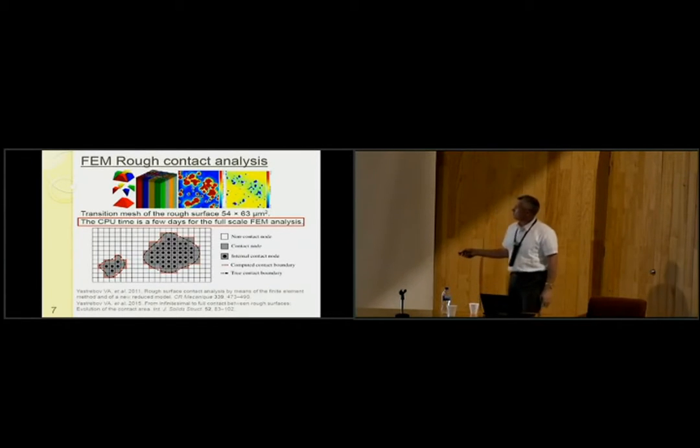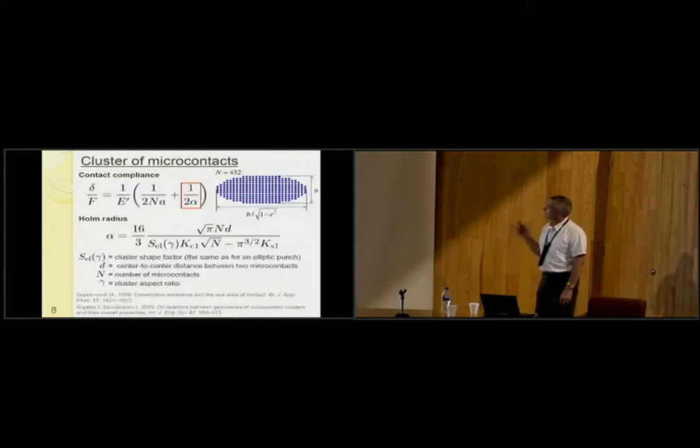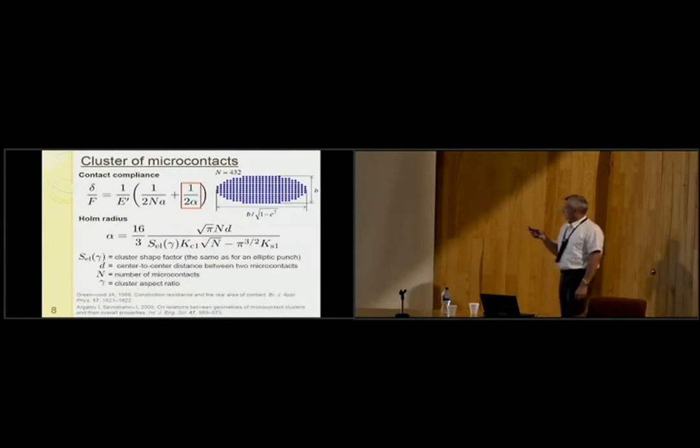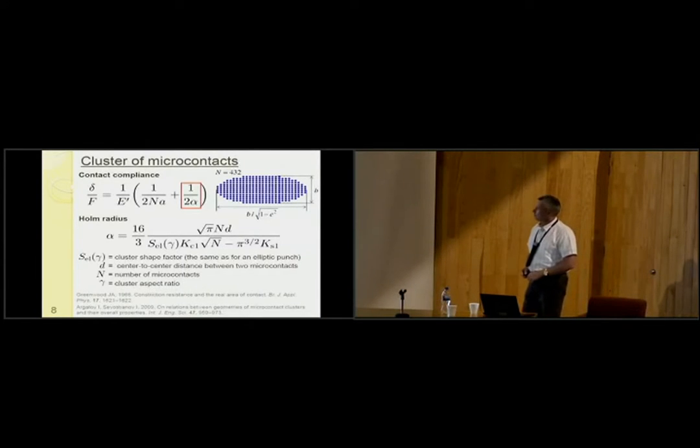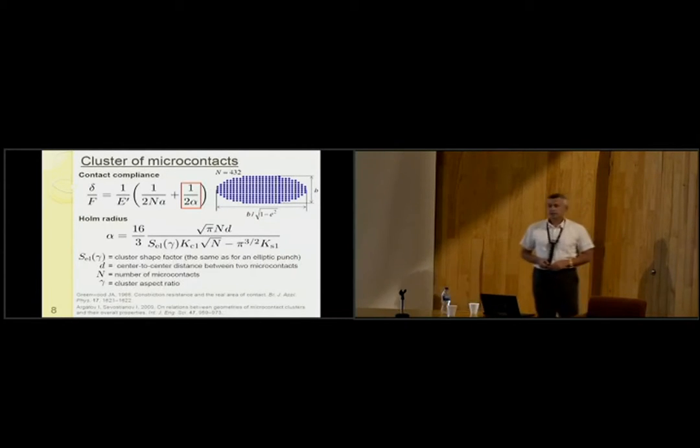This picture shows the phenomenon of clustering of rough contact. This question was investigated in collaboration with Professor Igor Sebastianov, and our research was based on Greenwood's very important contribution to this field.